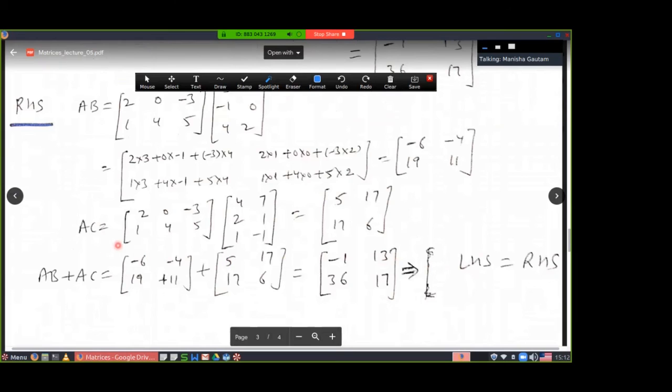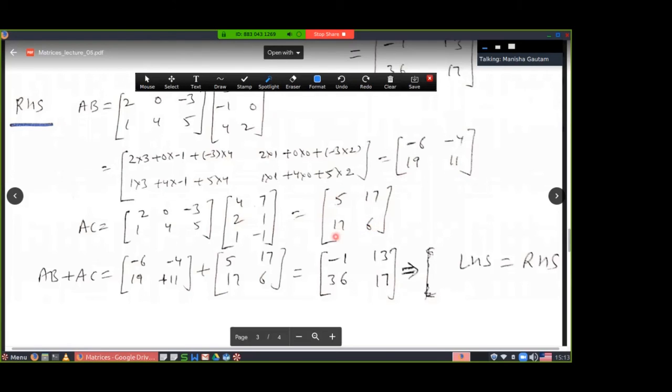AC multiplication is A by C. Multiplication is defined, you can check it and multiply them by the same procedure given to you above. You will get the values 5, 17, 17, 6. AB is minus 6, minus 4, 19, 11 and AC is 5, 17, 17, 6.